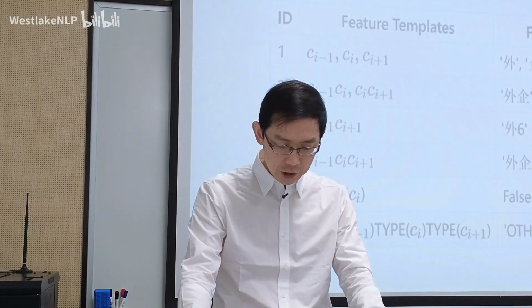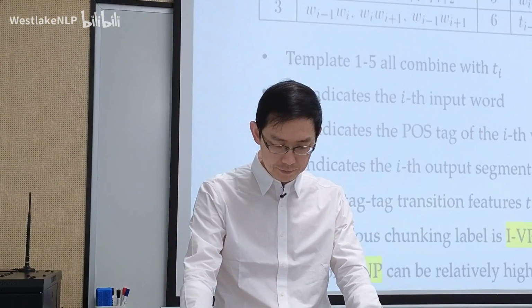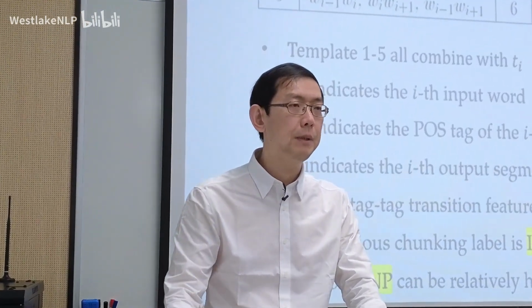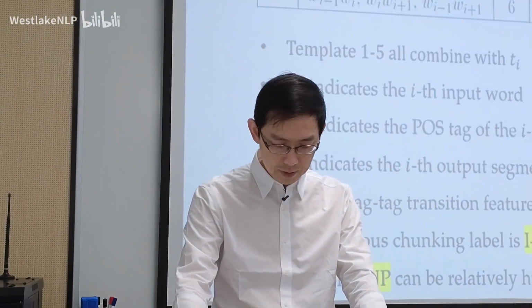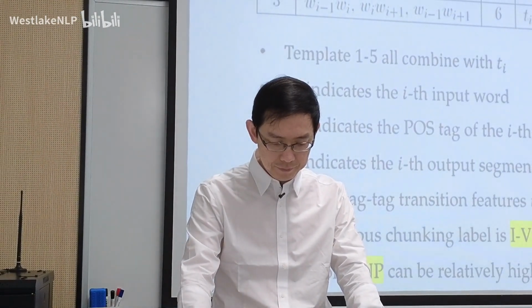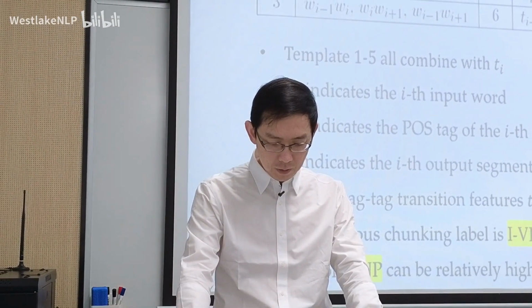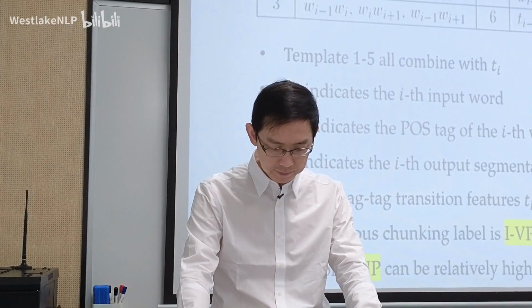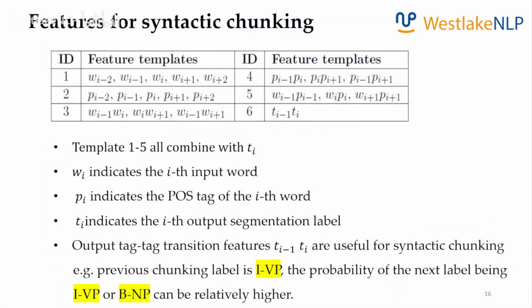Now let's look at chunking features. For chunking, it turns out that the parts of speech are useful. So we could define the following feature templates. The first category is word unigrams in the 5-word window.